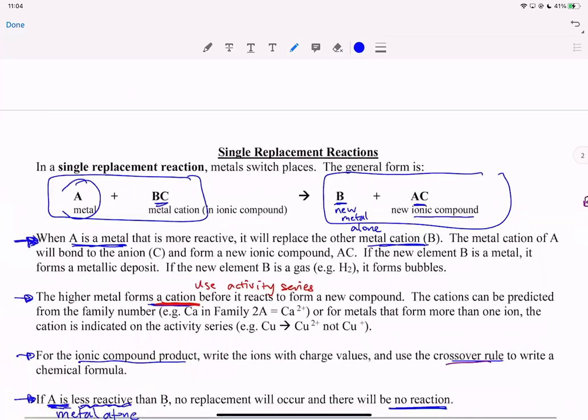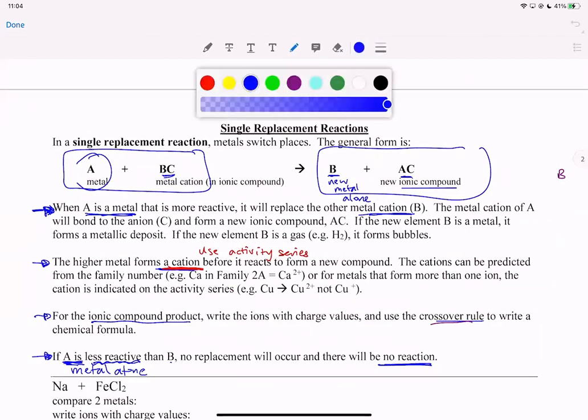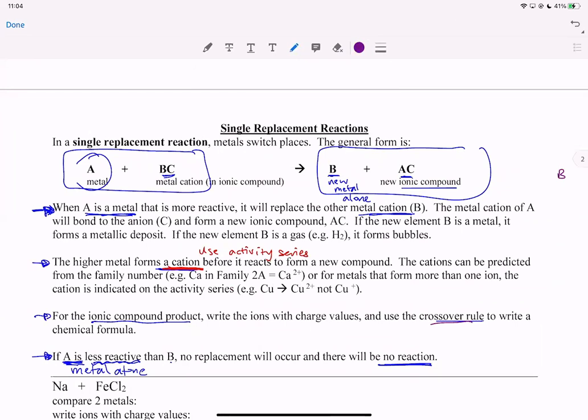And zooming back out here, I want to go back to this part, which is what happens when you have that new ionic compound. I also want to mention that that new element can be a metal alone, which is called a metallic deposit. And you will see in these reactions that a metal appears from nowhere. But you also have the possibility of this new element being a gas like H2, hydrogen gas.